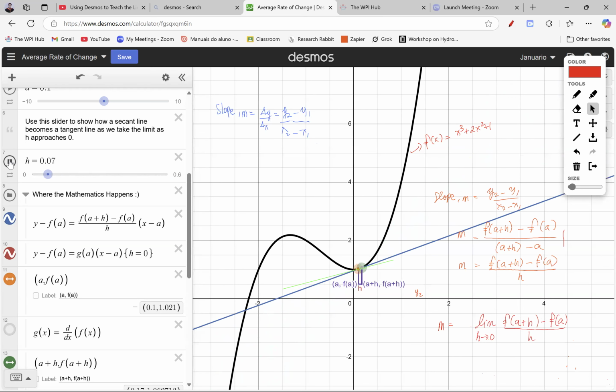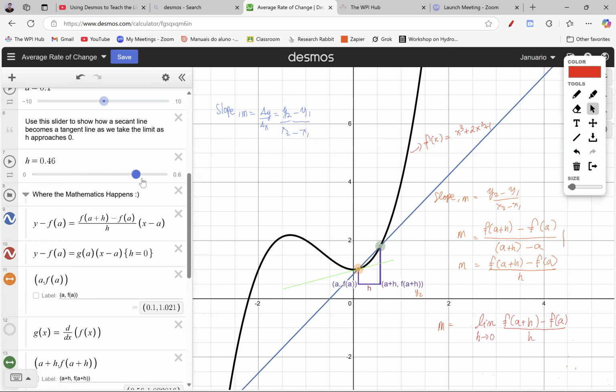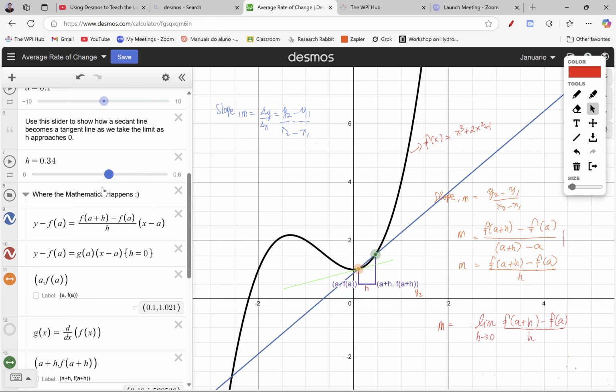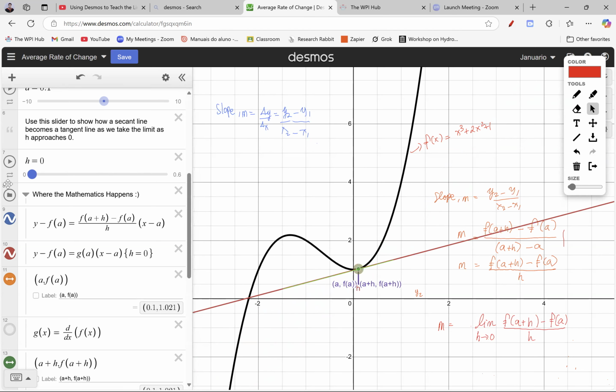This gets to 0, and when it approaches 0, that's where your limit lies.